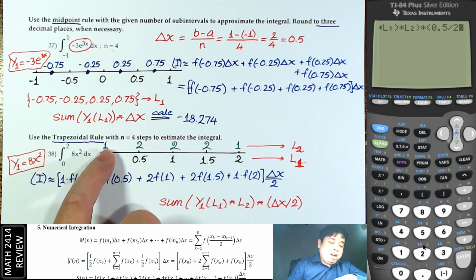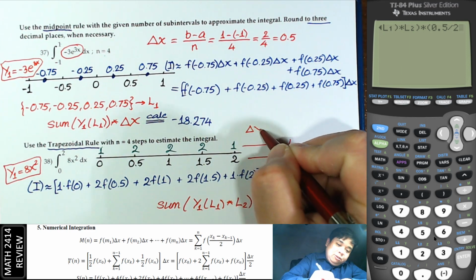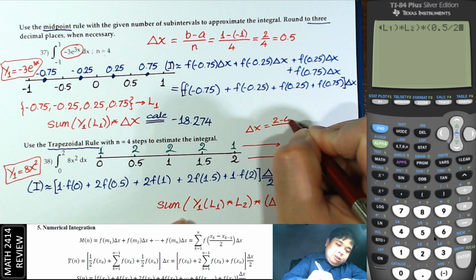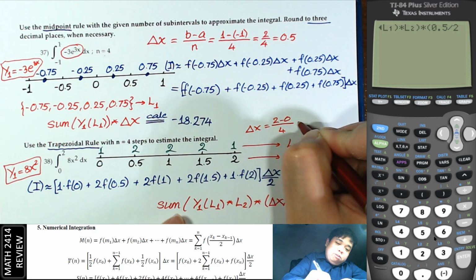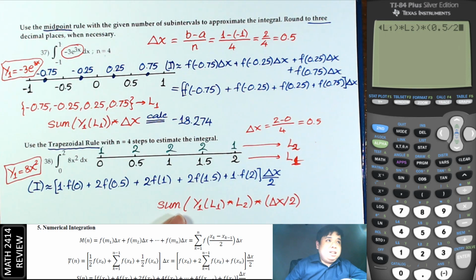By the way, I didn't actually find it, but delta x from 0 to 2 divided by 4, so that again is 0.5. So we have 22.